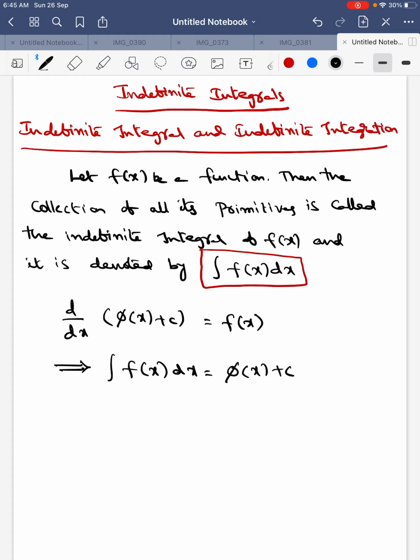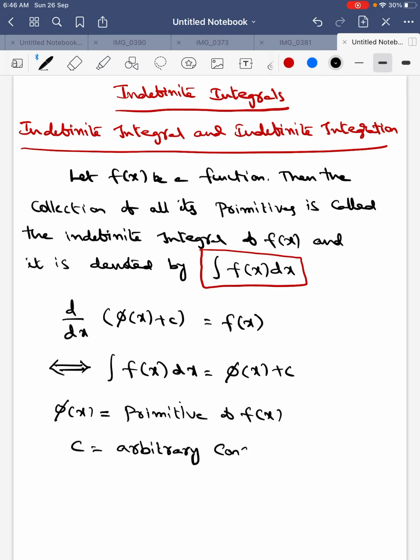Here phi of x is equal to primitive of f of x, and c is equal to arbitrary constant, known as the constant of integration.